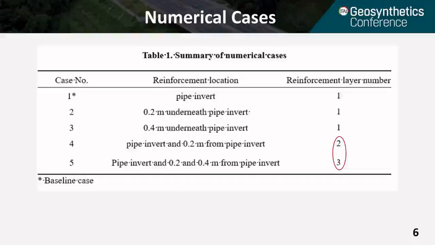For case 4 and case 5, instead of one layer, we have 2 layers for case 4 and 3 layers for case 5, and the slide also shows the location of the reinforcement. We are trying to use the numerical modeling to figure out the effect of the reinforcement location and layer number on the performance of the pipe reinforced by geotextiles.